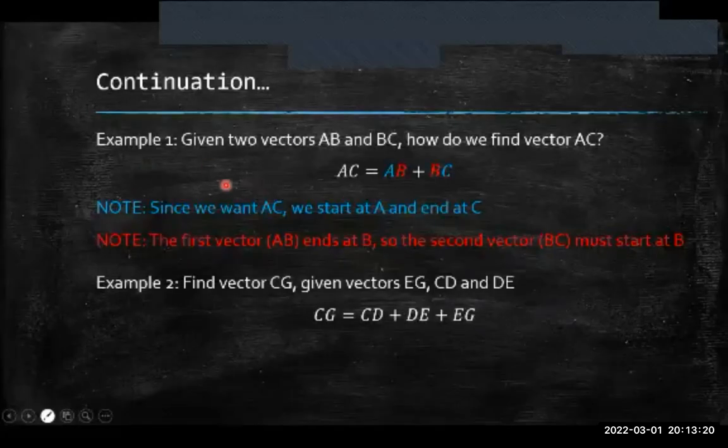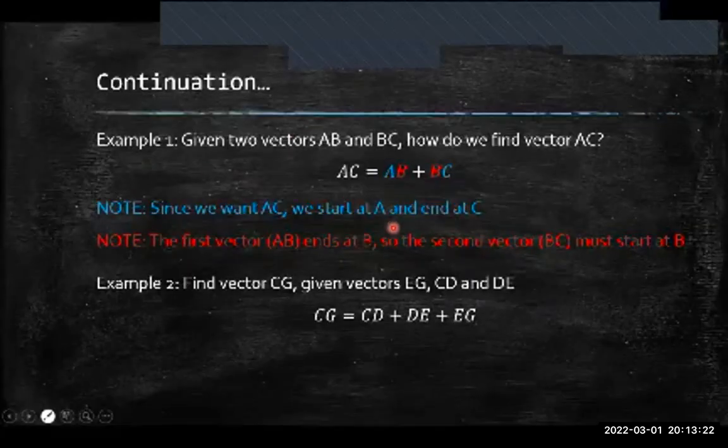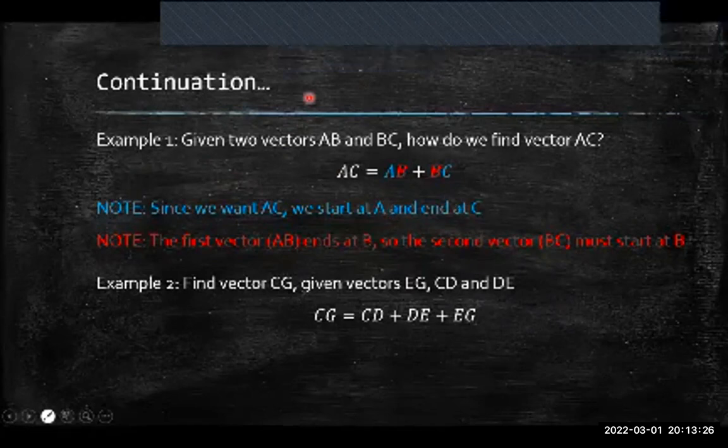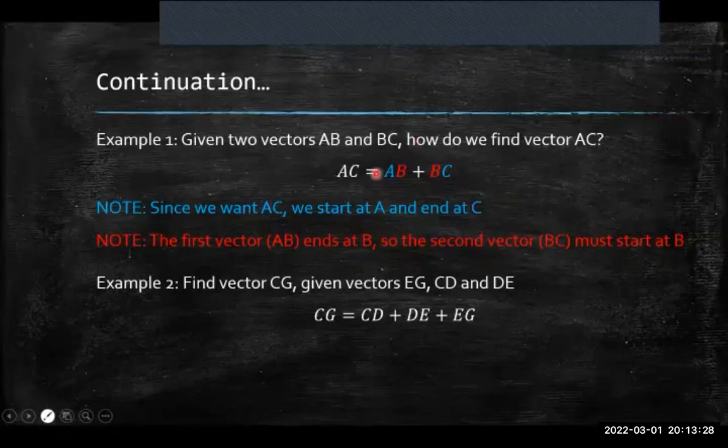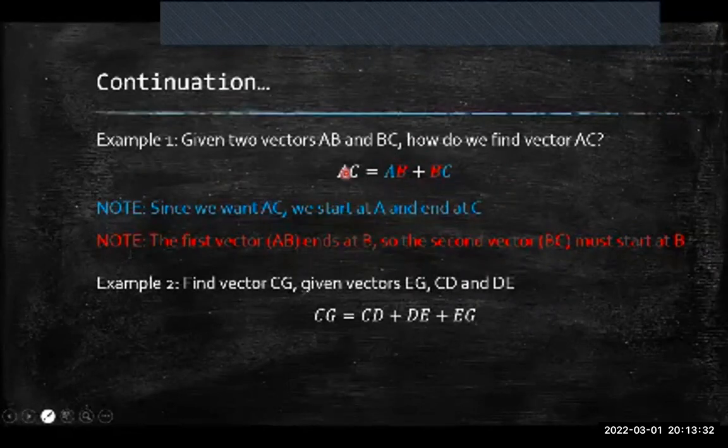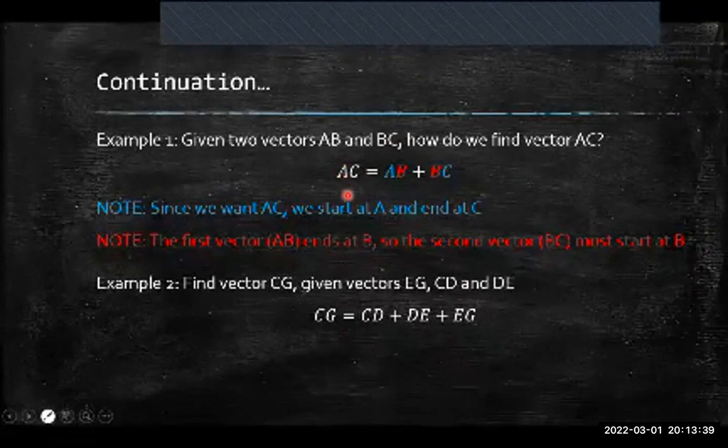Right. Note, since we want AC, we are starting at A and ending at C. Whenever you're adding vectors, see that first letter: because I want AC, your starting point must be A, because that's what this vector has as the starting point.